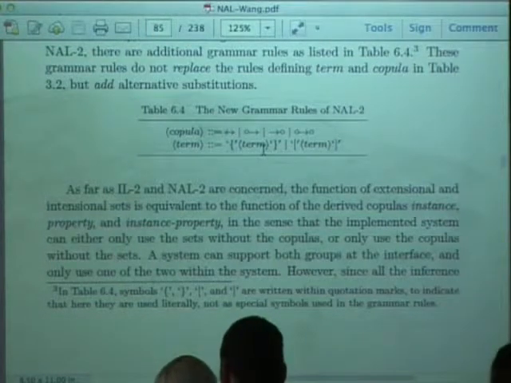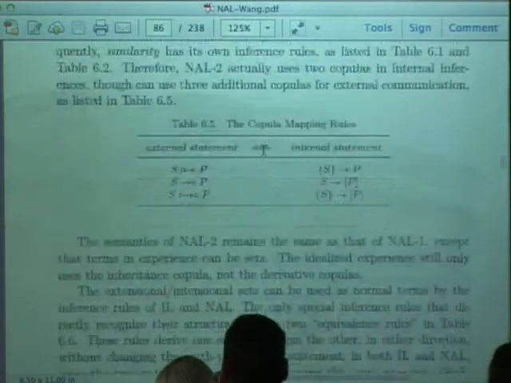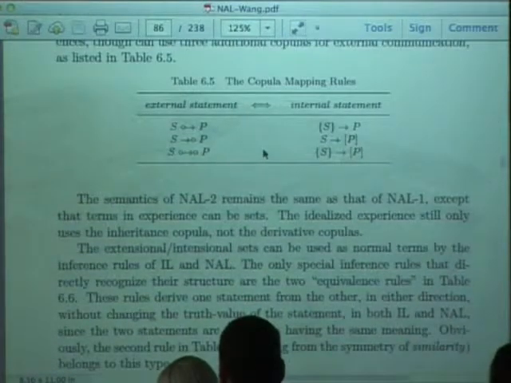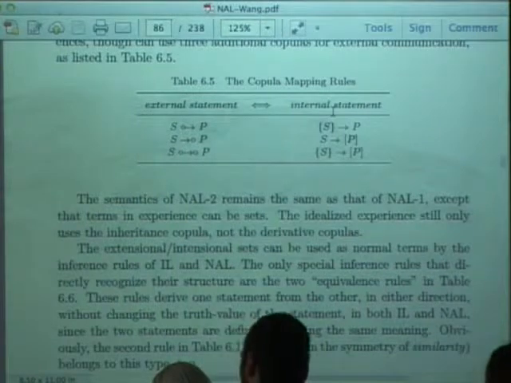Okay. So that's basically everything about the second layer. And there is actually no real new inference rule, but there are some mapping rules on the user interface. That is how to translate one to the other from the outside into inside. Okay.